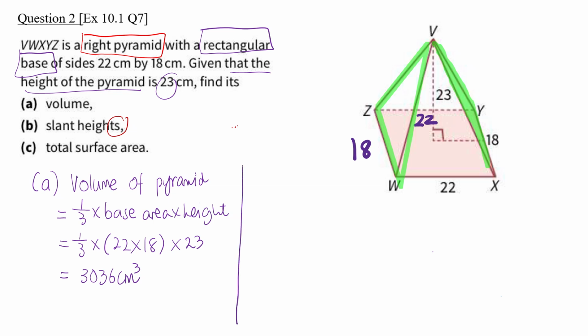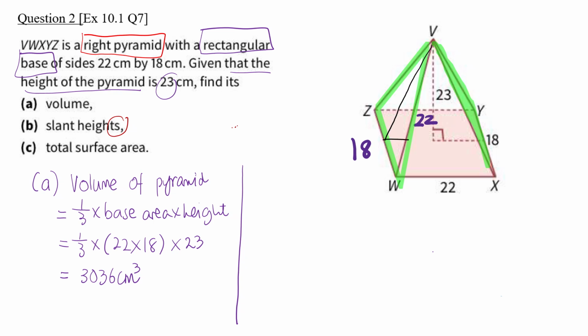The next thing is that we have to find the slant height. Since there are two different sets of triangles, let's focus on the first one here, the one highlighted in green. This would be my slant height.